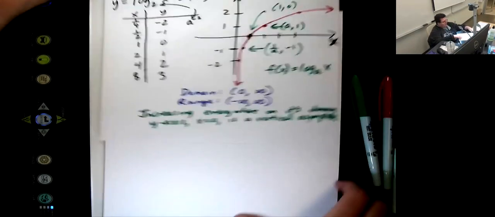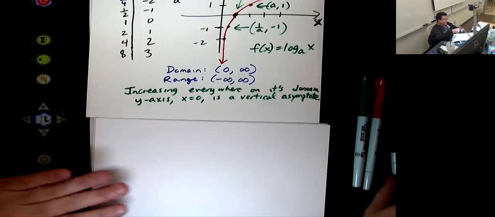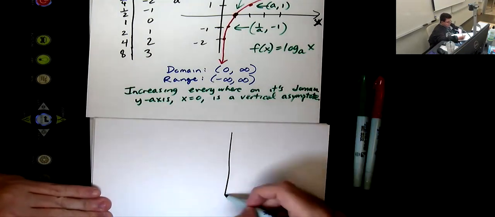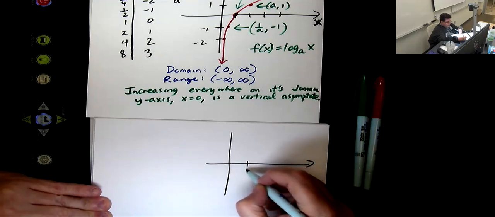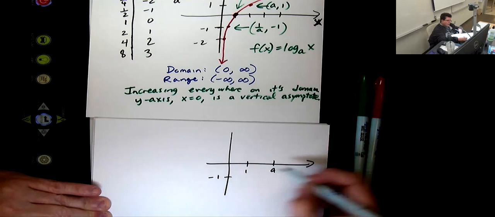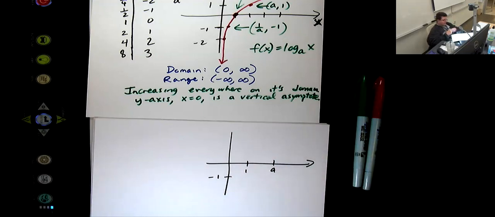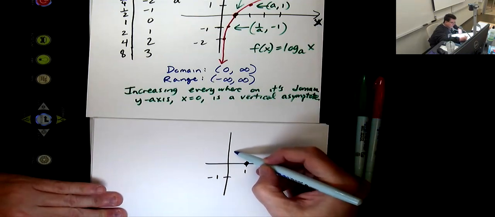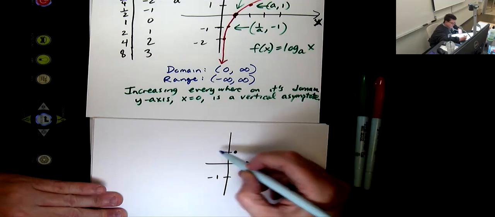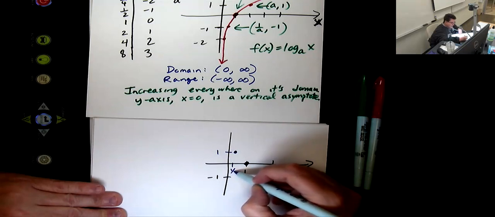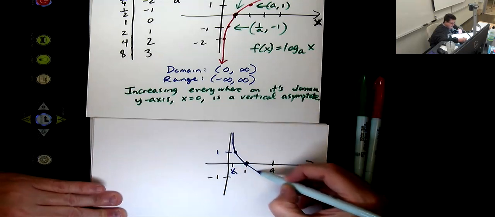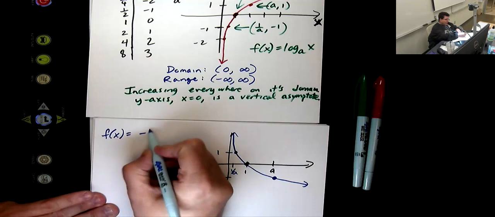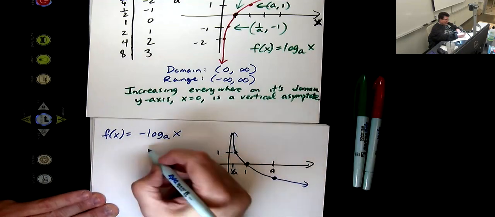There are a couple of ways to flip this graph over. So if we want to have the graph flipped over, we can have f of x equals negative log base a of x, where a is greater than 1.